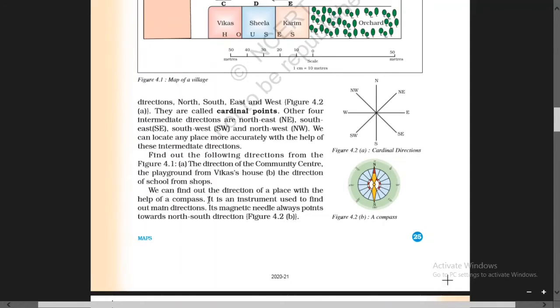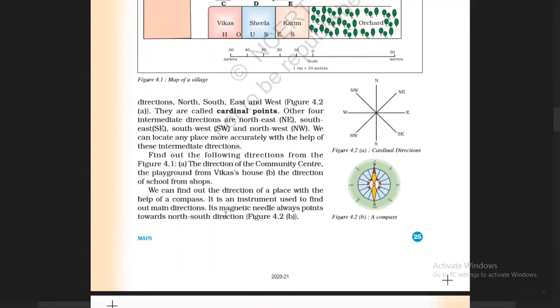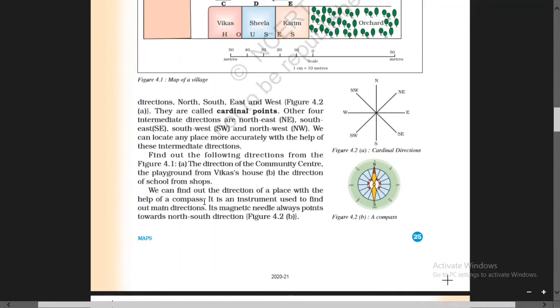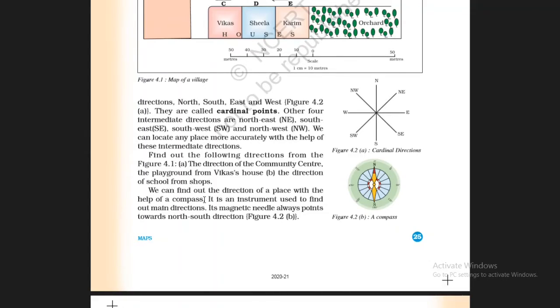Even the navy used to carry this compass. It always points in the north direction, boys. If we know this north direction, it becomes easy for us to indicate other directions.